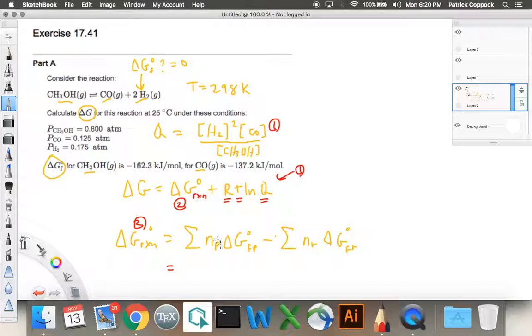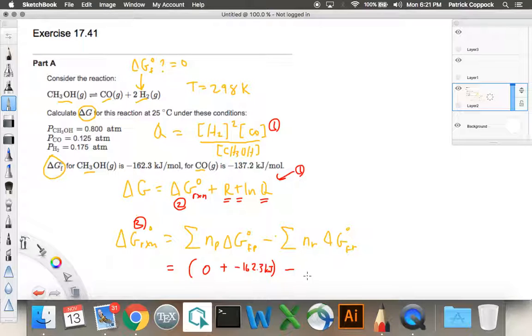It looks like the energies of formation of the products are here: hydrogen, which is 0, plus carbon monoxide, which is not 0. It's minus 162.3. This is in kilojoules. And there's only 1 mole of that, so this mole goes to 1.